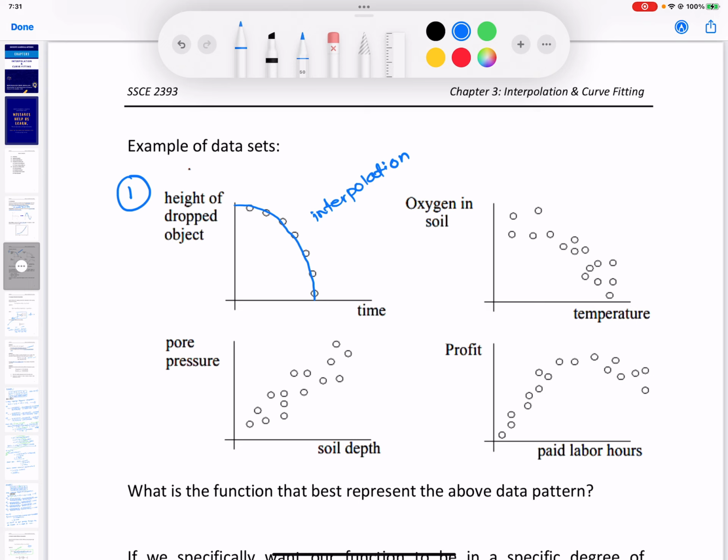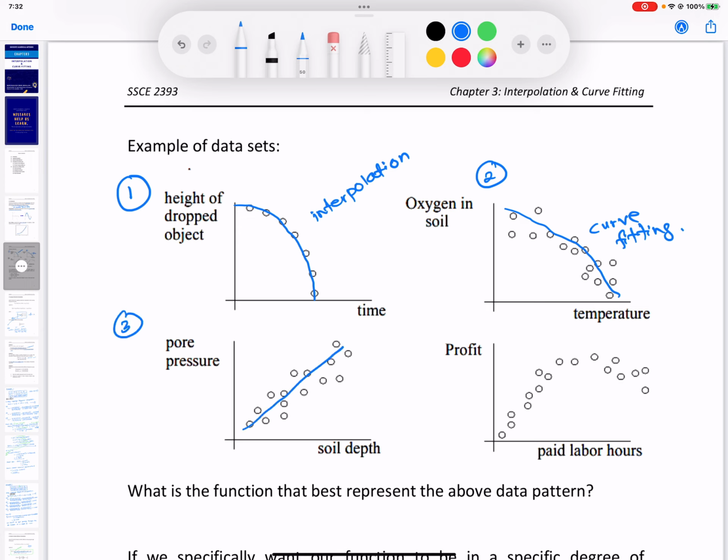And for the second graph here, I think it's better we use curve fitting. How about number 3?